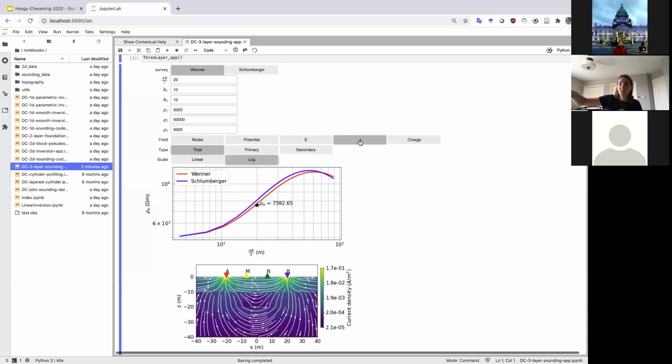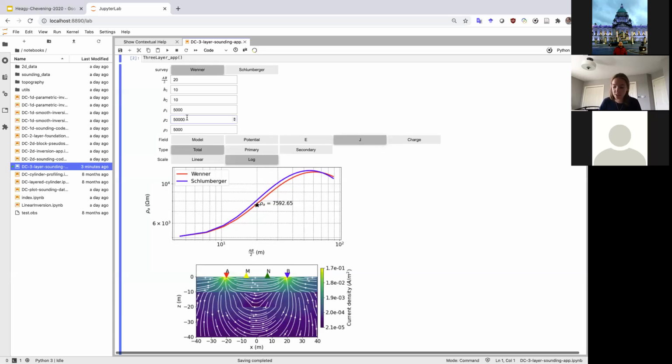In this case, because this layer is much more resistive, the currents are preferentially going to flow in that top layer. So we have a much higher concentration of currents in that top layer. And so this starts to give you a bit of an idea of what the data look like for a resistivity experiment.